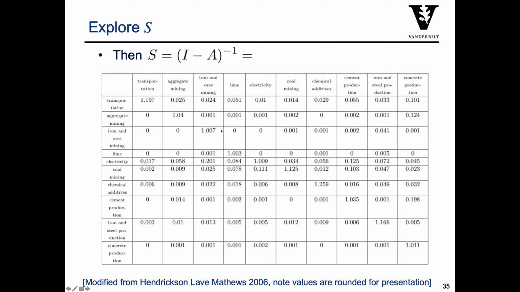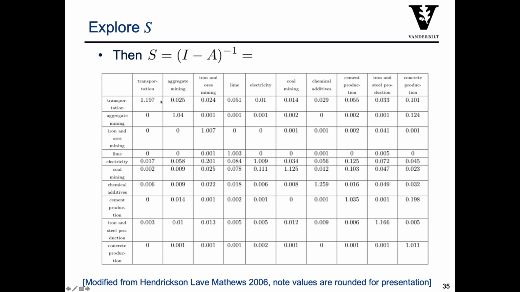In other words, these sectors basically don't have that much other demand inside the economy. Buying $1 of iron and ores doesn't really do a whole lot for the iron and ore mining sector. It doesn't add that much more additional economic activity. Iron and ores mining doesn't really depend itself that much on iron and ore mining. That's another way to think through this stuff.